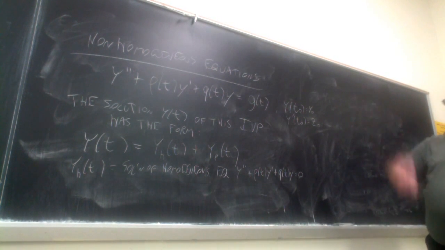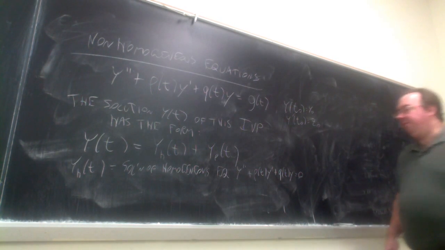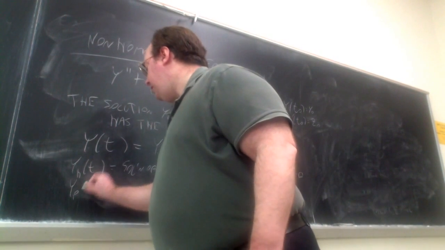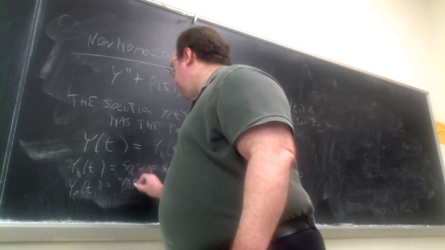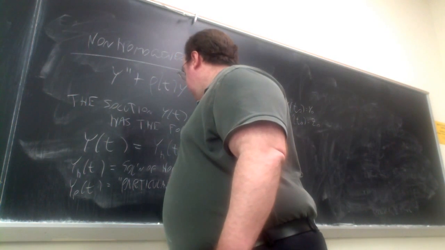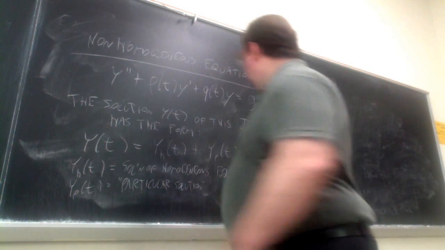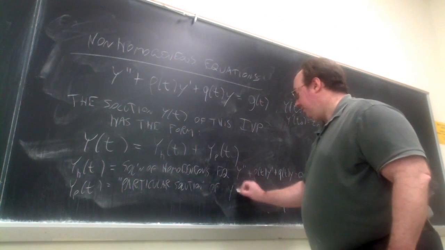That's like one of the forms that you have over there if the coefficients are constant. And then y sub p of t is called a particular solution of the non-homogeneous version.